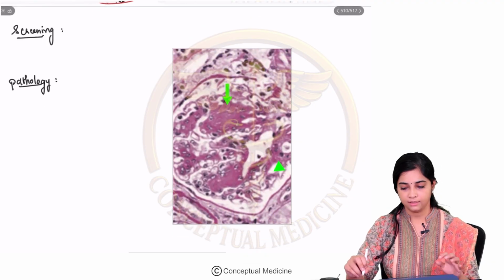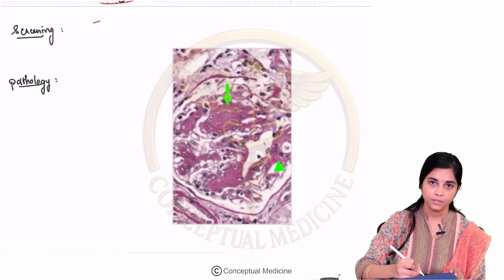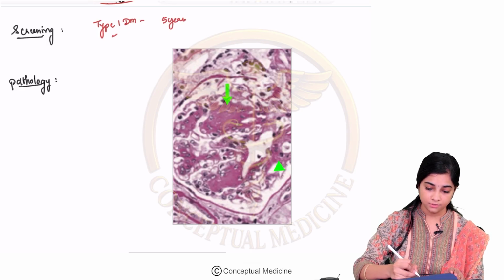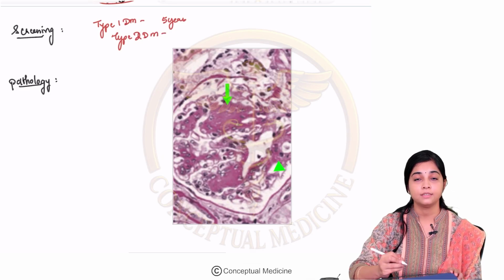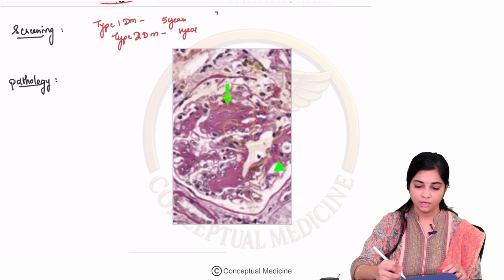So, screening. How do you do your screening? In type 1 diabetes, you will have to do screening for diabetic nephropathy every 5 years. In type 2 DM, you will have to do it at the diagnosis itself and every 1 year. And how do you screen it?